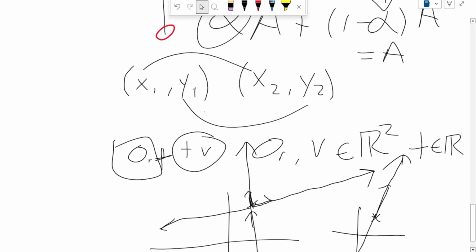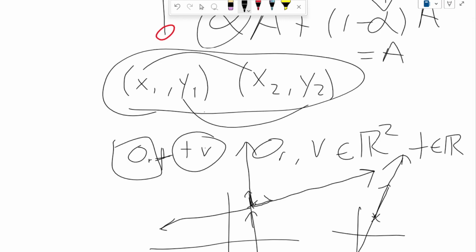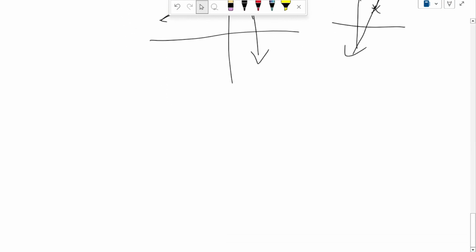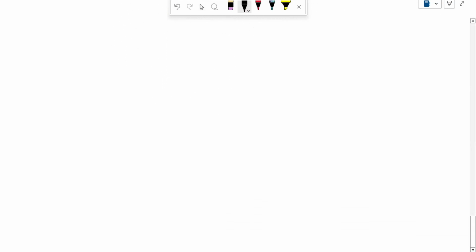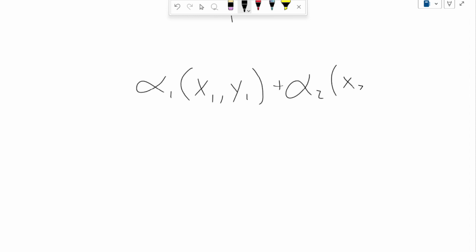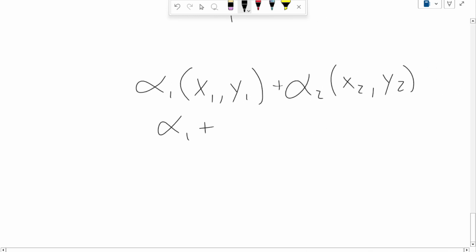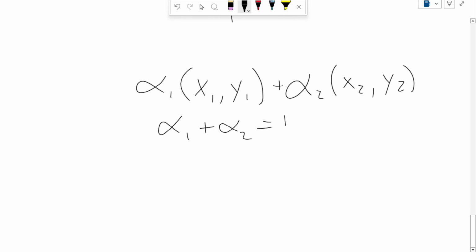Okay, so let's return to our original case, right? We want to talk about these points here. So let's just write it out. What are all the possible affine combinations of those 2 points? Well, it's going to be alpha 1 times x1, y1 plus alpha 2 times x2, y2, such that alpha 1 plus alpha 2 equals 1.